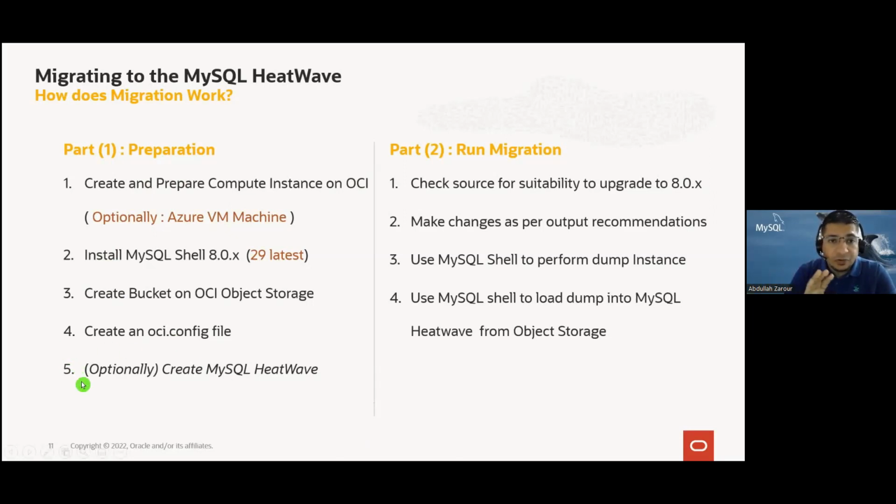Optionally, if you have not yet created the MySQL HeatWave system, you can go and create it as well. Now, run the migration. We check the source. We make sure everything is correct in terms of recommendations. Then we go ahead and run the HeatWave system.